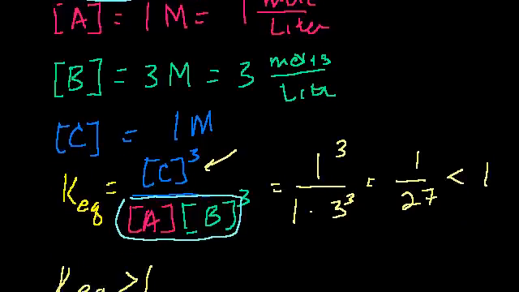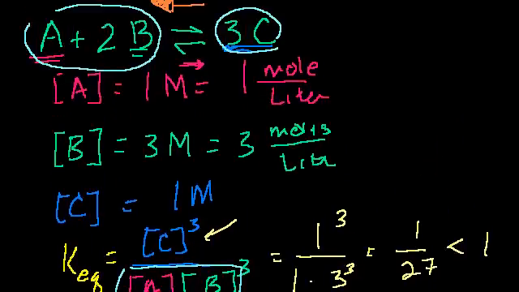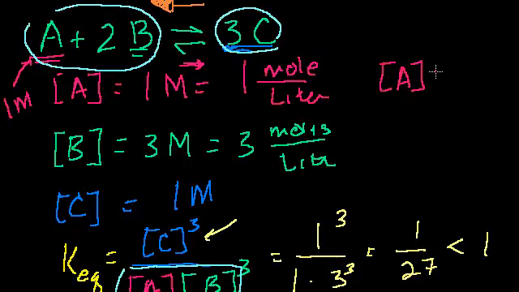The other interesting thing is you can then figure out, well, what happens if I add another mole of A to the reaction? So let's say I throw some A into the reaction. I add some concentration of A. So now my new A is equal to 2.